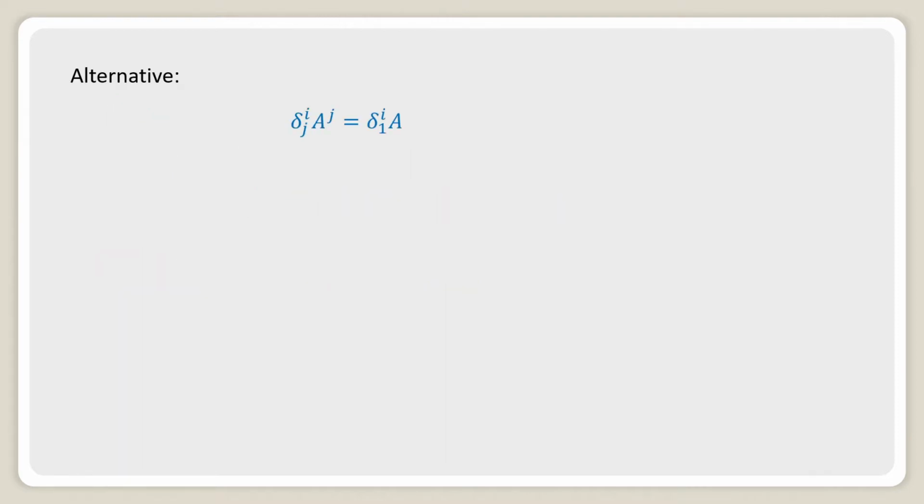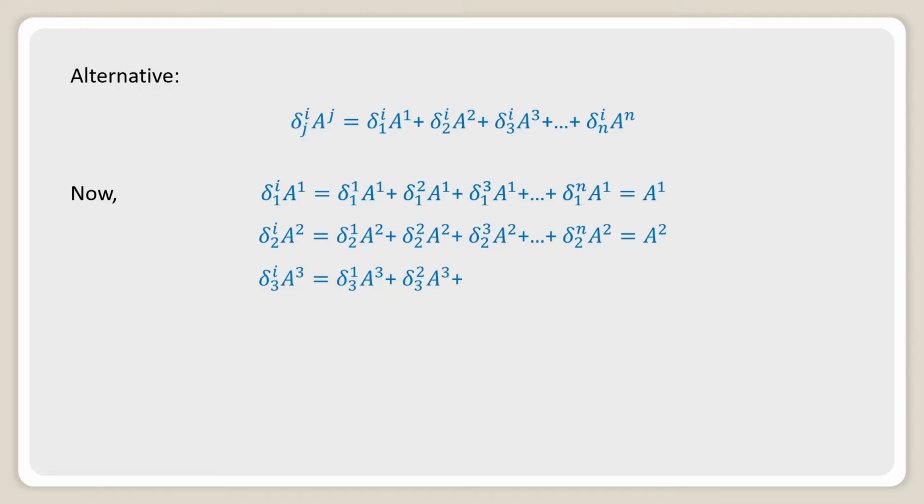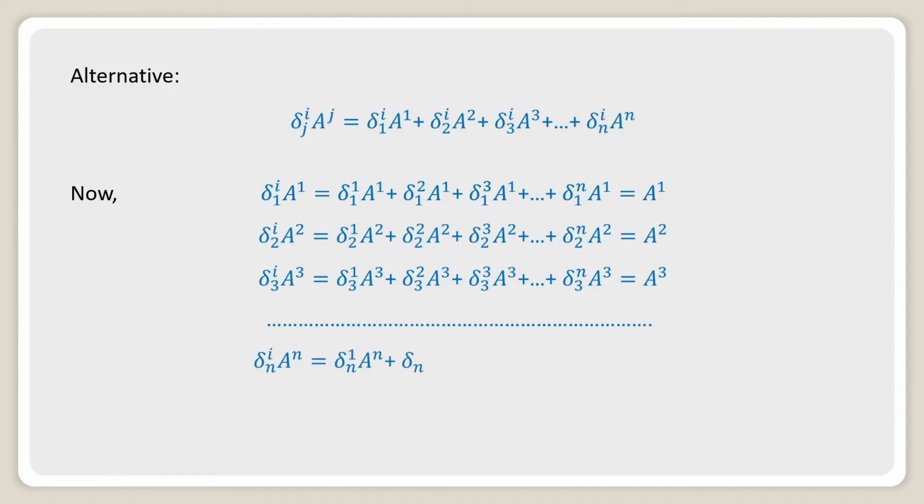Alternative proof is given by delta ij into aj. This can be written as delta i1 a1 plus delta i2 a2 plus delta i3 a3 plus dot delta in an. Now, when i is equal to 1, then we will get the expression for the first term, that is delta i1 into a1. This can be written as delta 11 into a1 plus delta 21 into a1 plus delta 31 into a1 plus dot delta n1 into a1 equal to a1, because all the other terms except the first term will be 0.